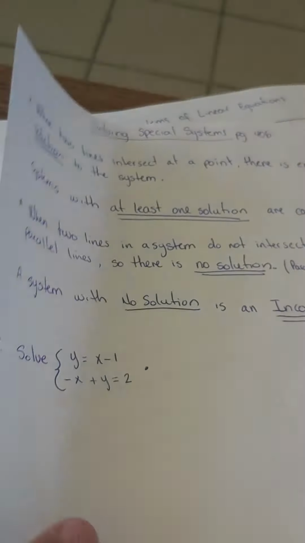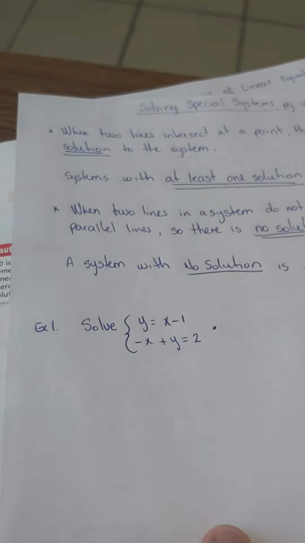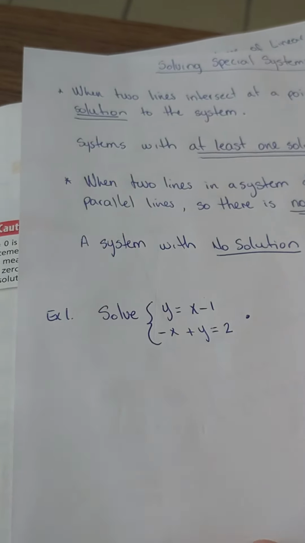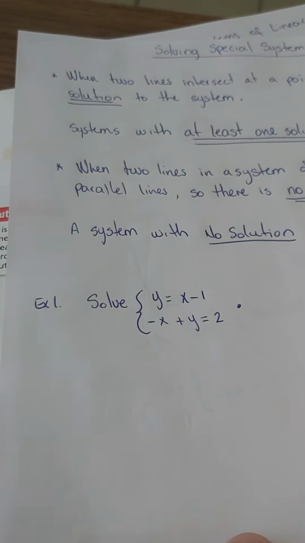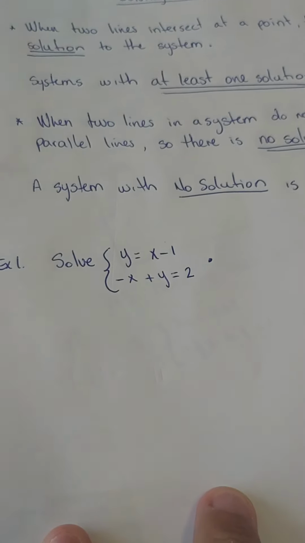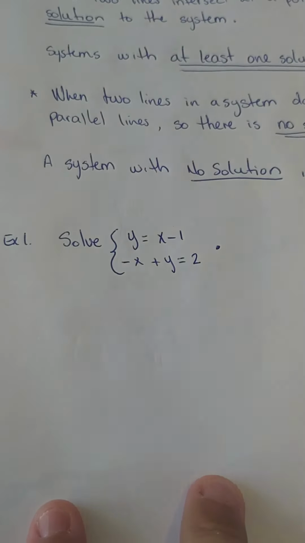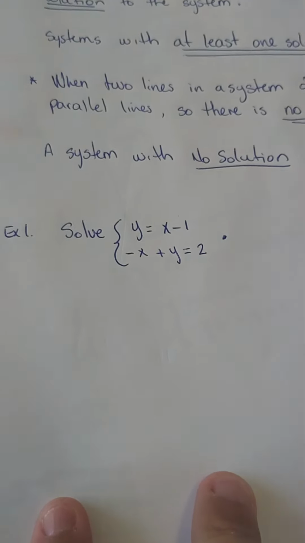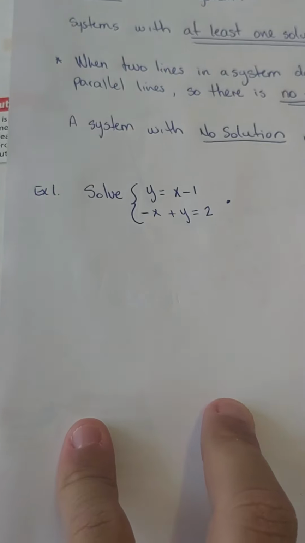So if we look at example 1, it says solve y equals x minus 1 and negative x plus y equals 2. So here we're going to solve using any of the techniques that we learned, right? Remember that we learned to solve by graphing, by substitution, and by elimination.